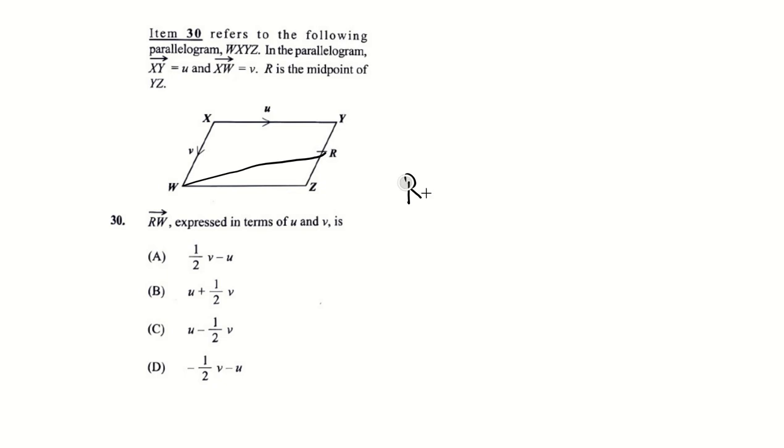So we're going from R to Z plus Z to W. Now we know that parallel vectors go in the same direction. So RZ is going in the same direction as XW, right? So this would be a half of V plus, we're going in the opposite direction. So we're not going Y to Z, we're going Z to W, so that would be minus U. That would be A. So the answer is A for this one.